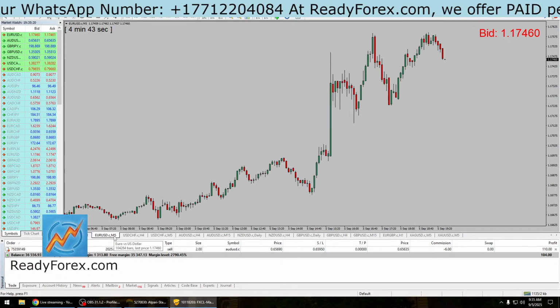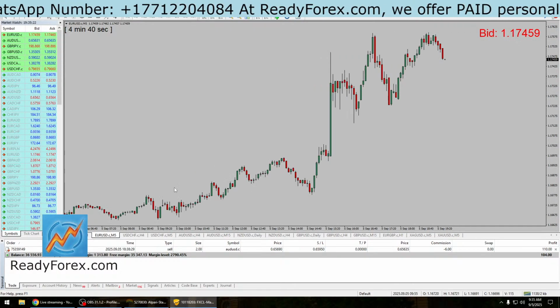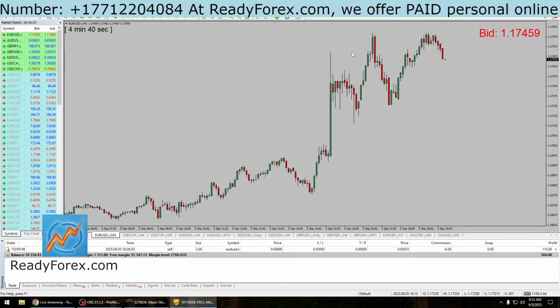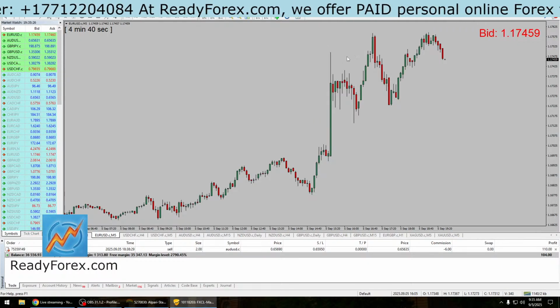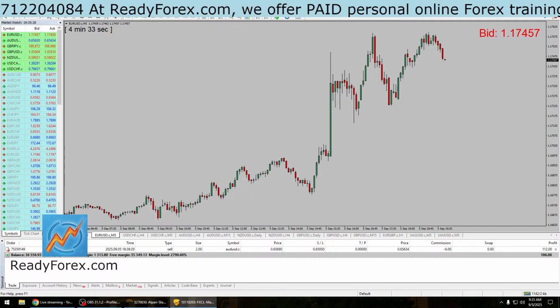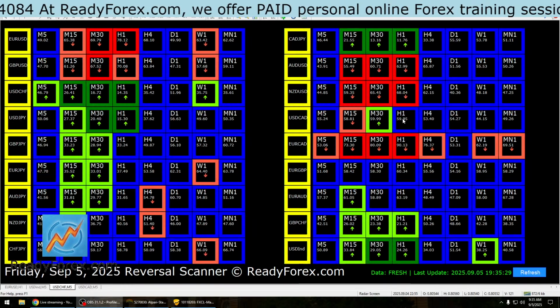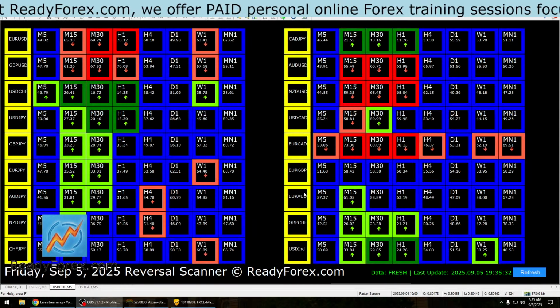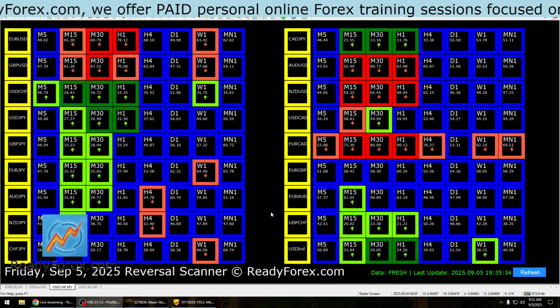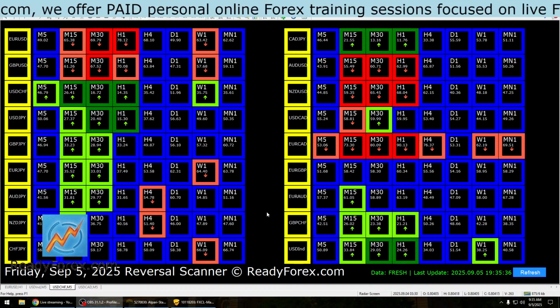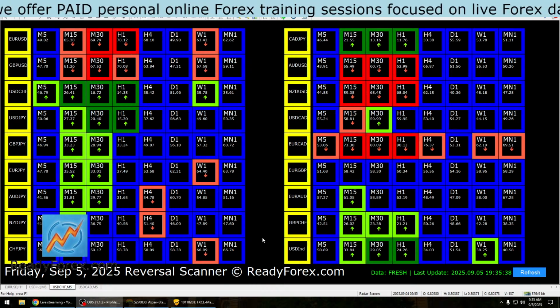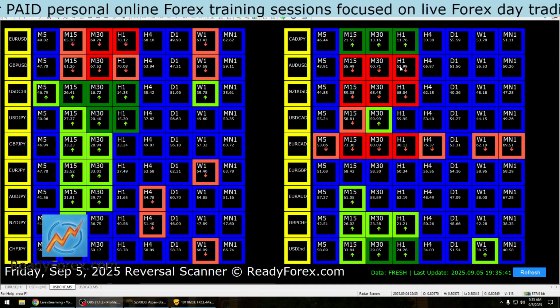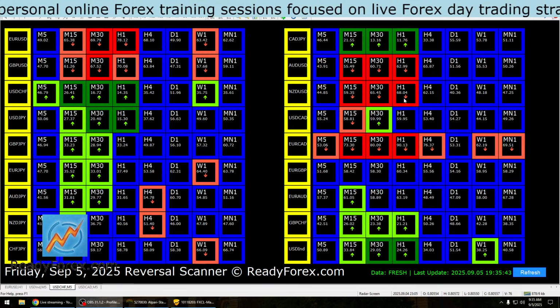Next, let us take a look at Euro. So Euro is kind of trying to rise up over here. Let me tell you straight, it looks a little bit bullish. So let me go back to the reversal scanner. So Euro is bullish, but we could actually get a reversal in the EURUSD currency pair as well. And the same goes for the Aussie dollar and NZDUSD currency pair.